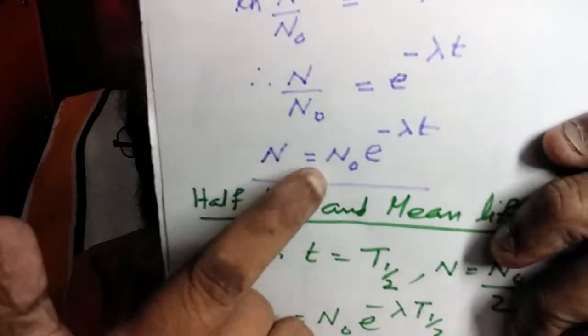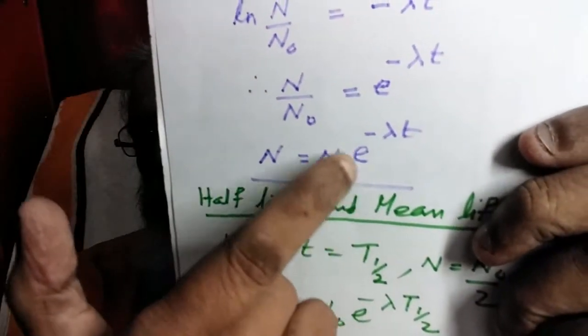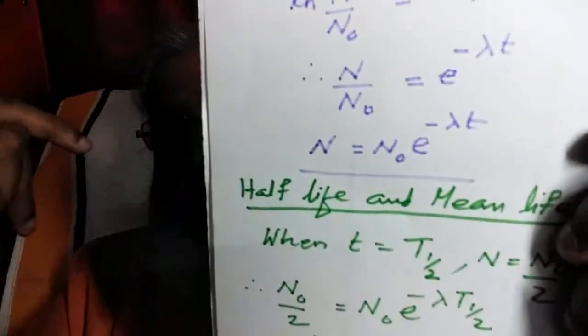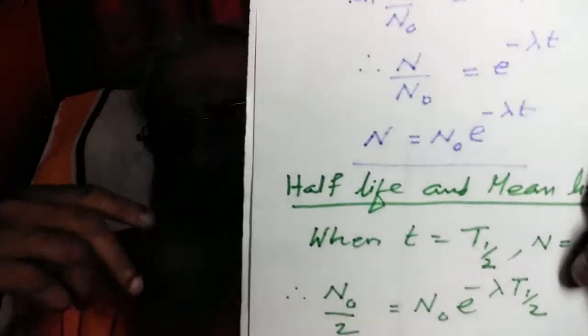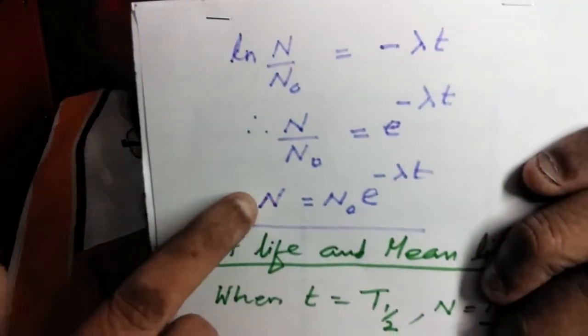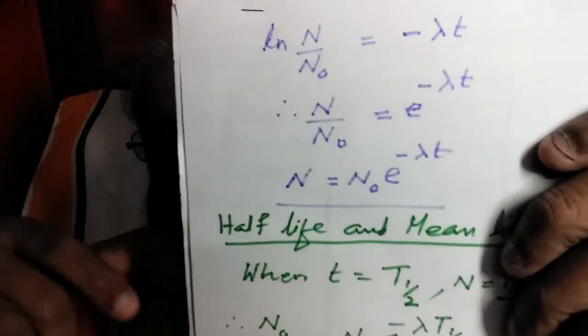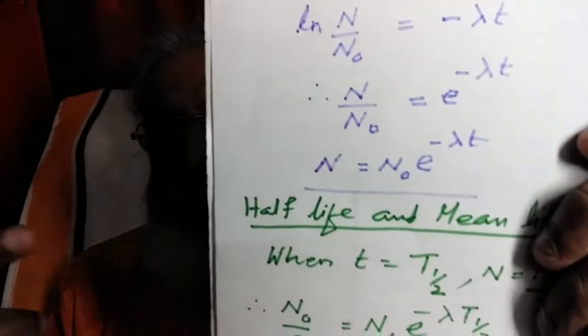Or N equals N0 into e raised to minus lambda t. This is known as the disintegration formula or decay formula. Here N is the number of parent atoms left for disintegration.